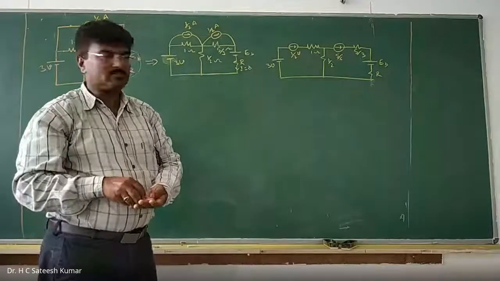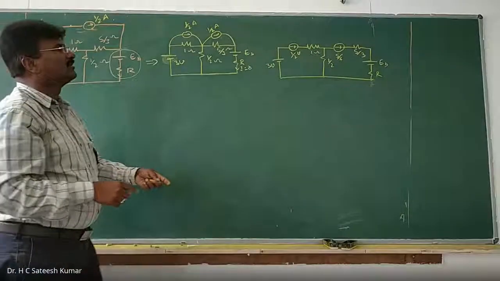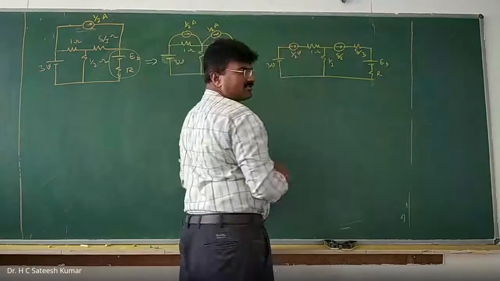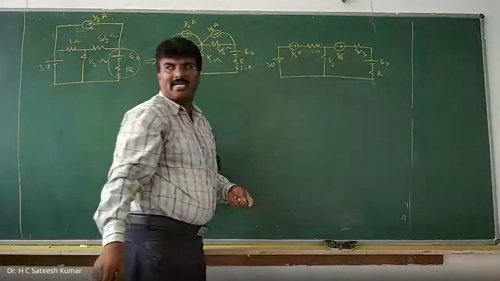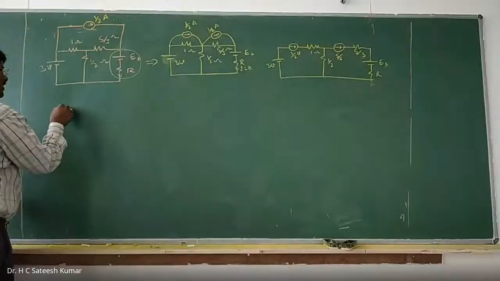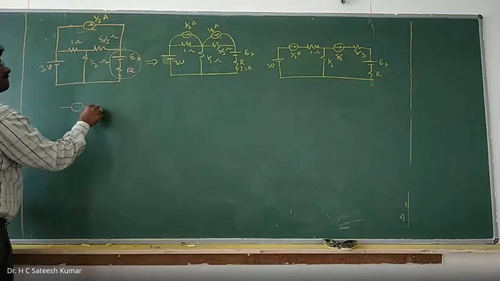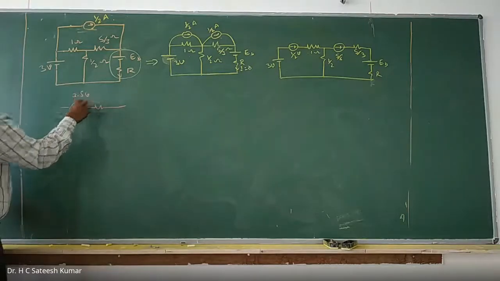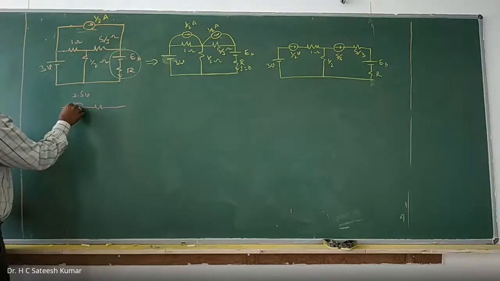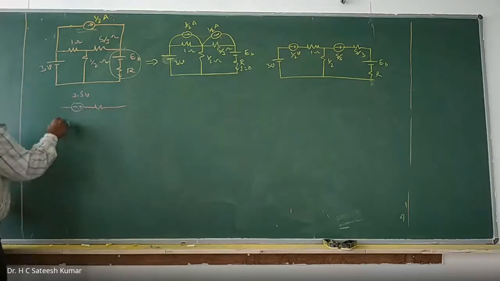Now, what we have here is these two are in series. These two are 3 volt minus plus and minus plus. Add them. A single source you are going to get: 3.5 volts, minus plus. Add, same polarity minus plus is there.